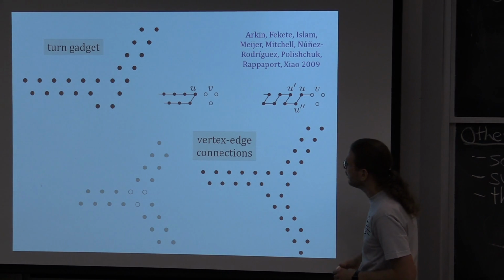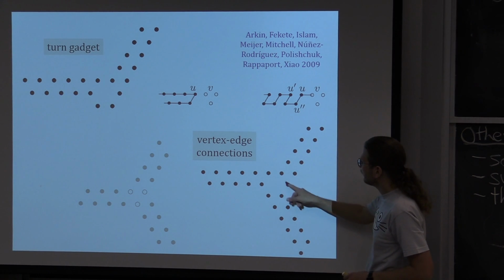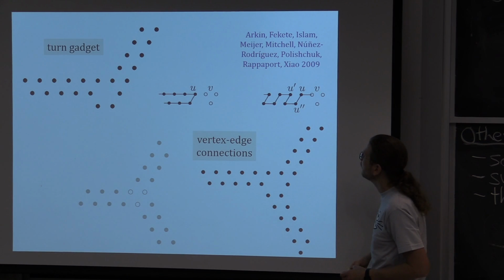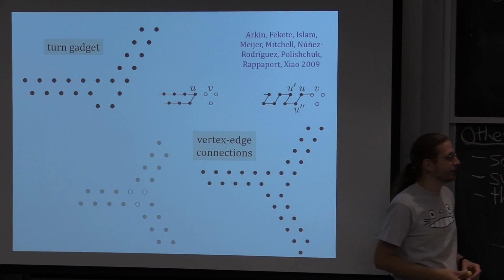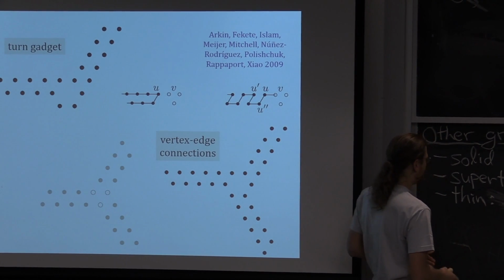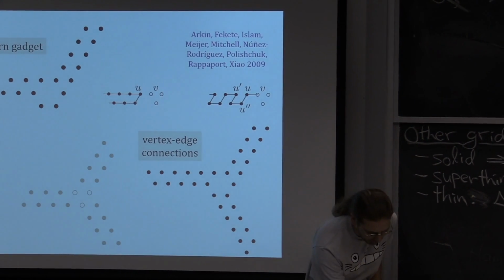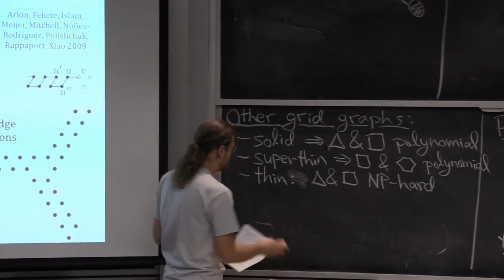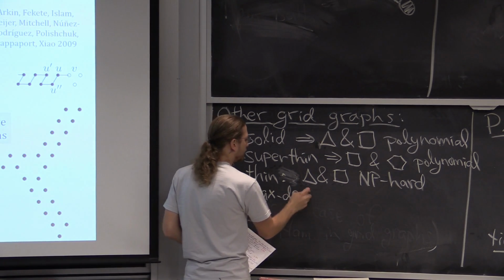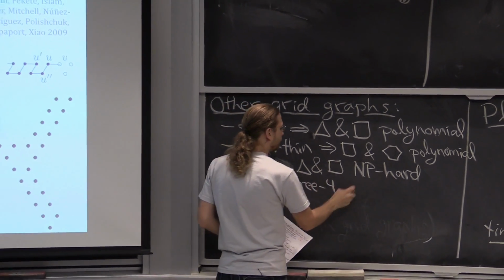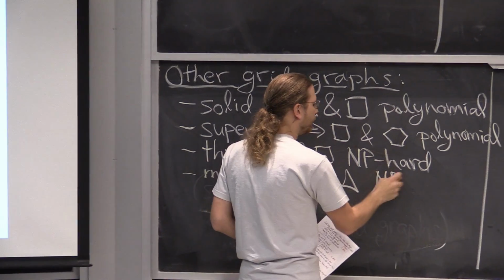And the vertices are going to explode into a hexagon. And it works. Okay, so I should say max degree 4 triangle is NP hard.